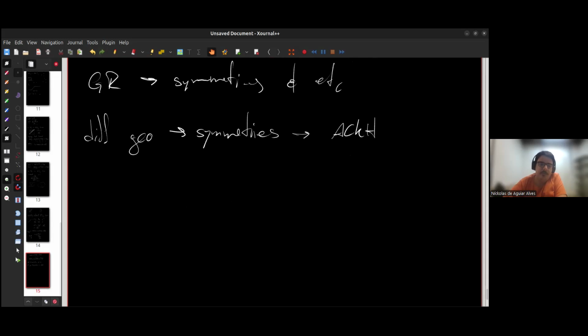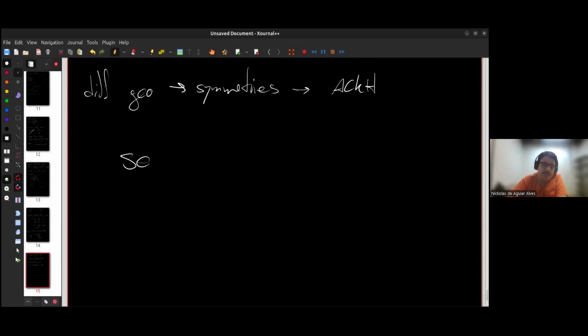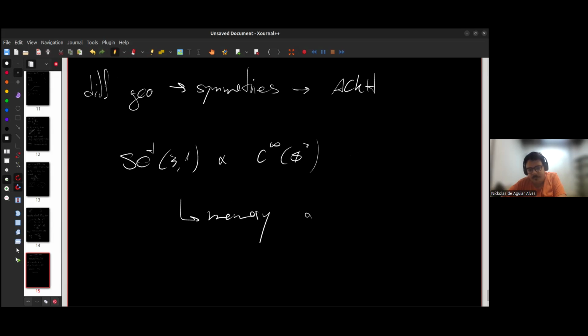So I know, for example, that when I take all of this over here, yes, the standard BMS group, this is going to give me memory on the plus and cross polarizations of gravitational waves, which are the ones I have in general relativity.